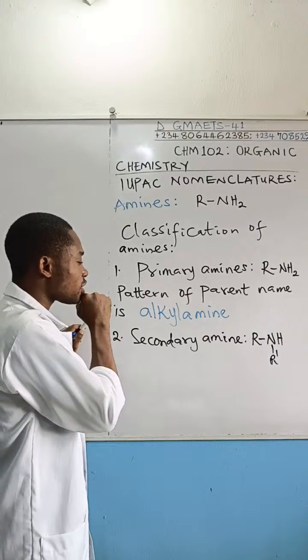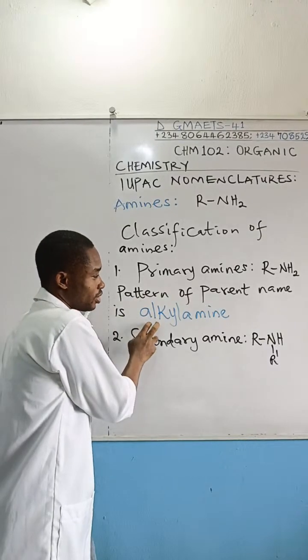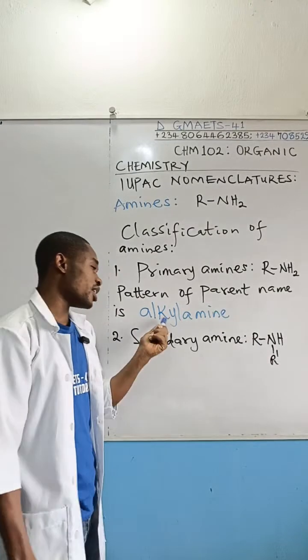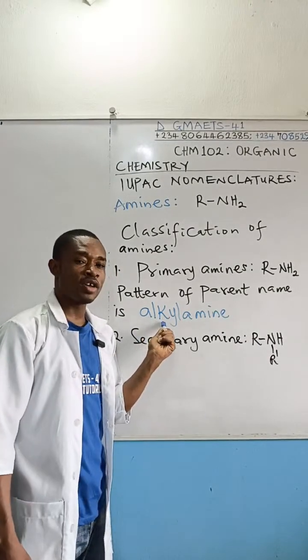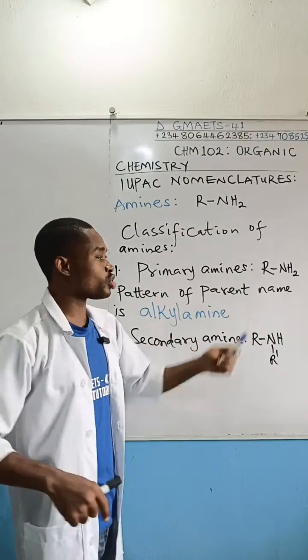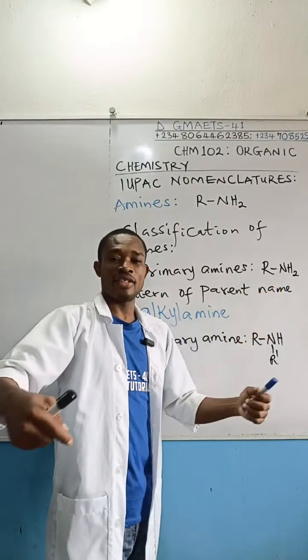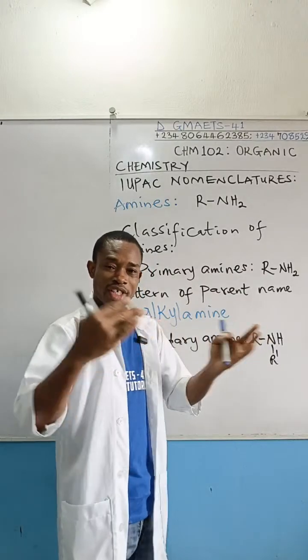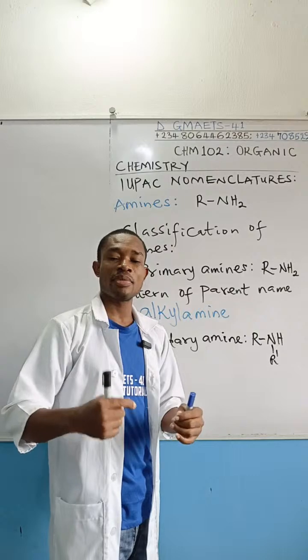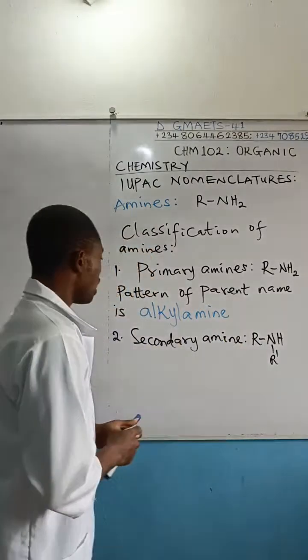I was going to say something about primary amine, but I forgot at the time. There are some cases where primary amine will not follow alkylamine, where that NH2 is no longer at the end. If it is seen within the extreme carbon, between carbon atoms, in that case it becomes amino alkane.